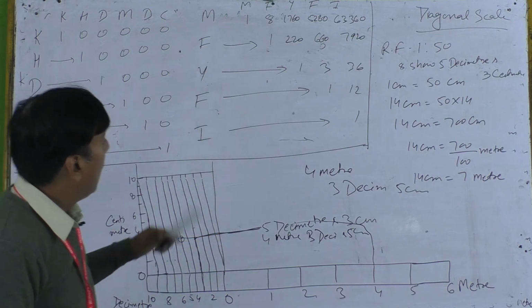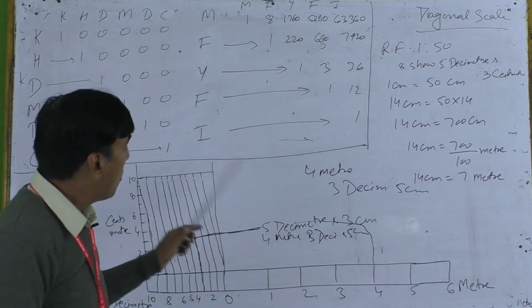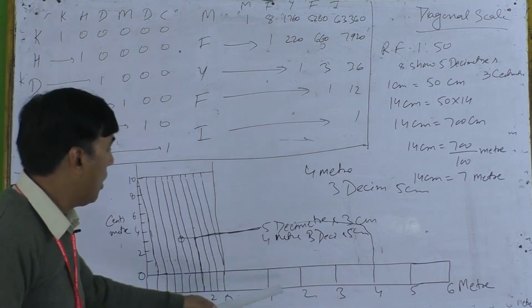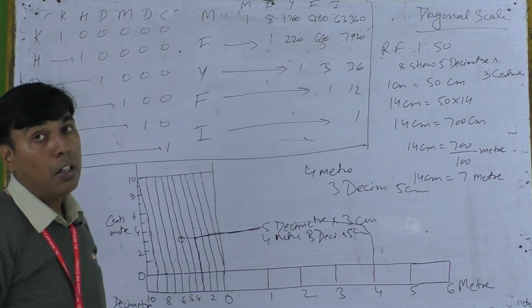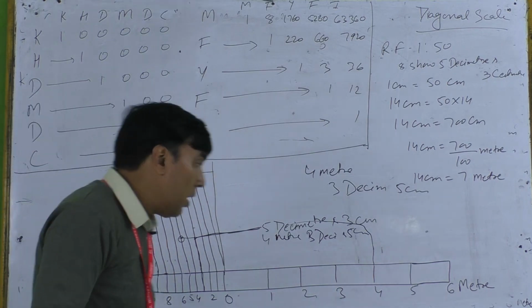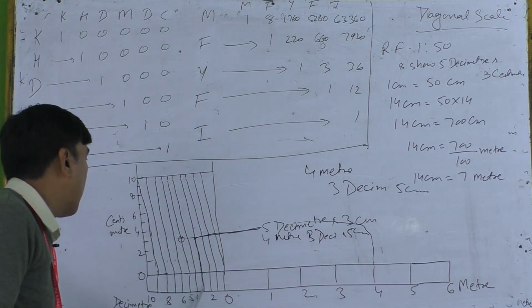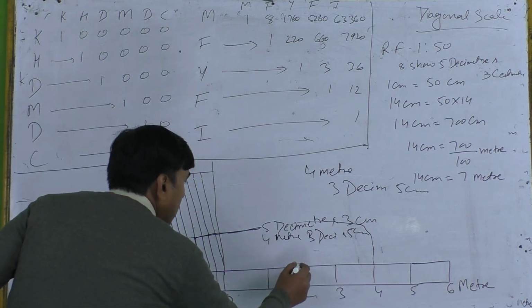Okay. So like this, another value we can also read here. If somebody asks, okay, show me where is 2 meter. This one is 2 meter. Show me 2 meter and 3 decimeter, like here. So we can do like this.